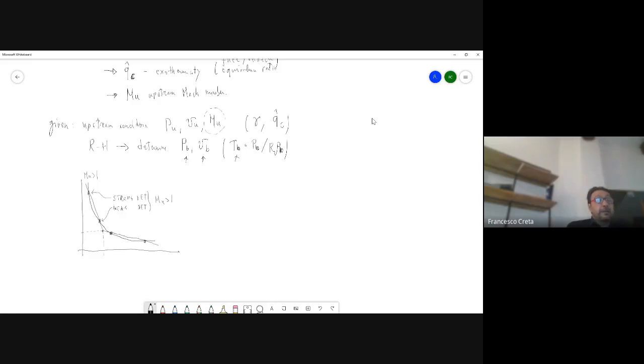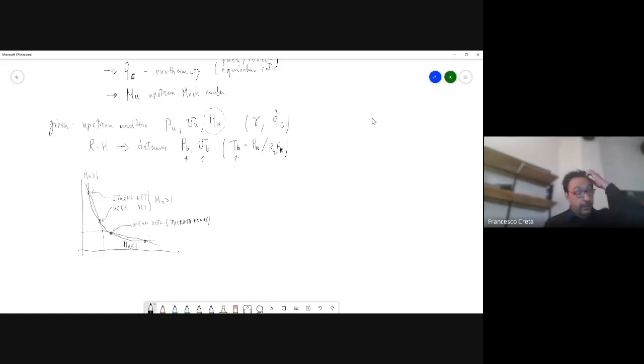Now, as far as the subsonic solutions, we have a weak deflagration, which we call a premixed flame.